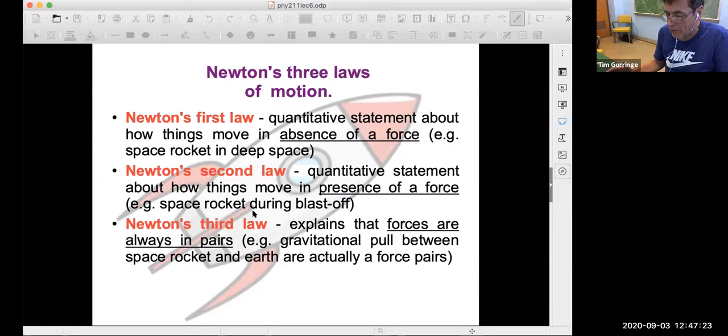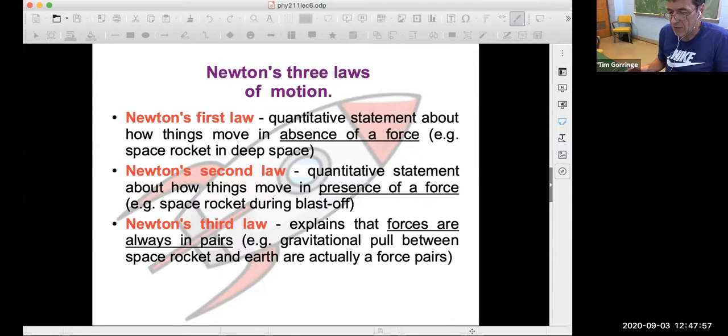Well, the third law of motion is an interesting one. The first law tells you how things move when there are no forces. The second, how things move when there is a force on the object. The third one is sort of a corollary to that. It describes the fact that whenever an object exerts a force on some other object, that other object exerts an equal-sized, opposite-directed force back on the first object.